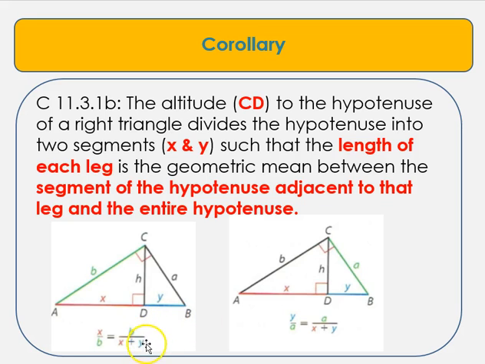So let me say this. What we're doing, imagine the three triangles drawn out. The larger triangle will have a hypotenuse that is much larger than the other two triangles.